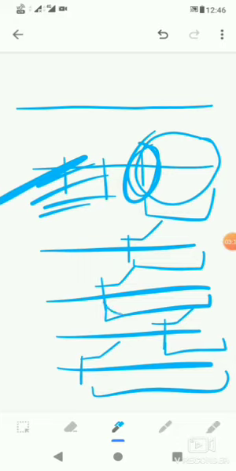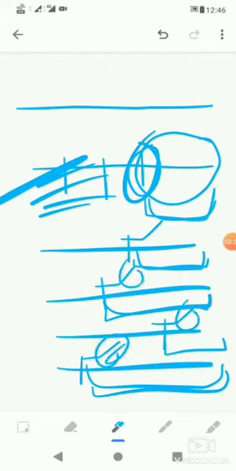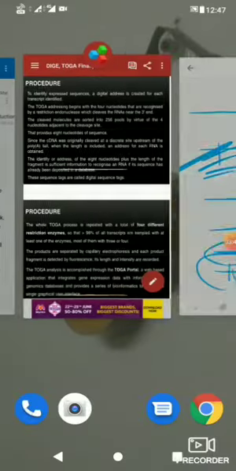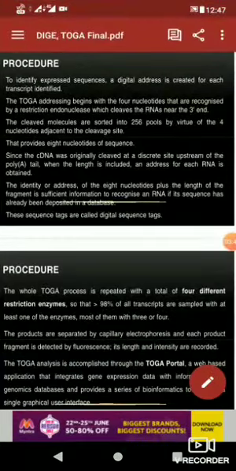Now this length and this sequence of the parsing sequence, these two will help us uniquely identify each mRNA. That is what I am mentioning here.